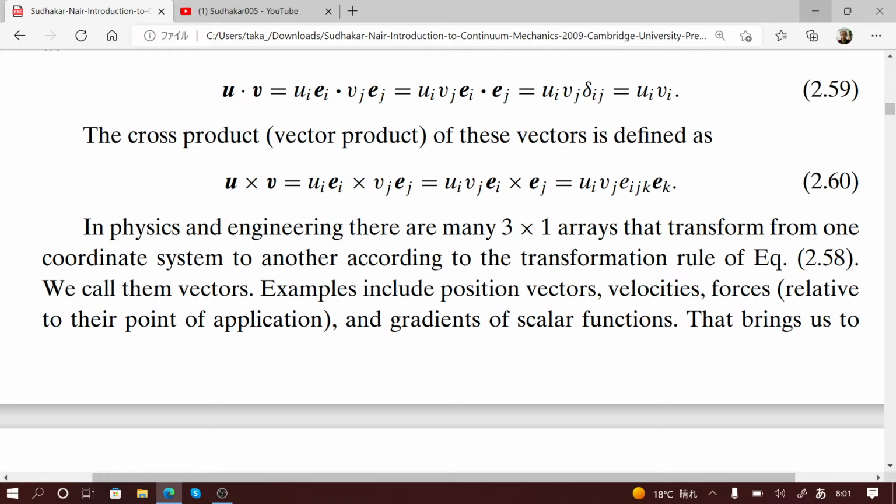These are quantities with no associated directions.